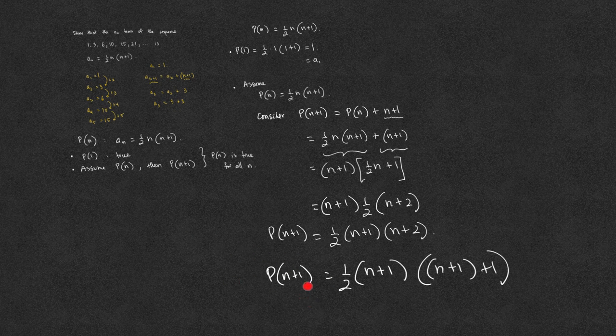And again, what is the rule? The rule is that the a sub n term is 1 half times the input times 1 plus the input.